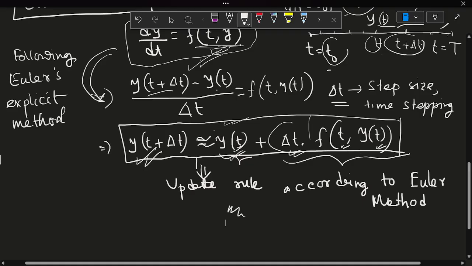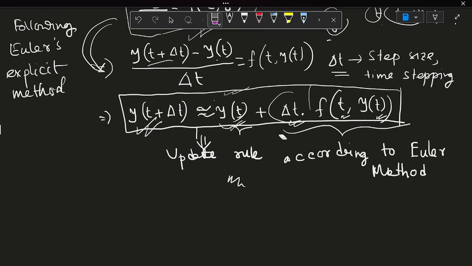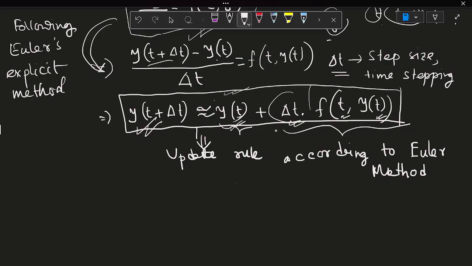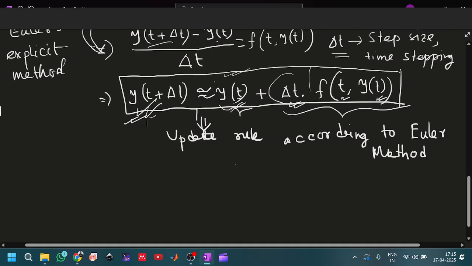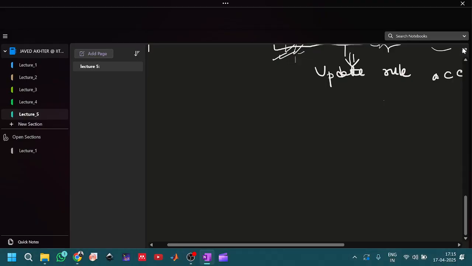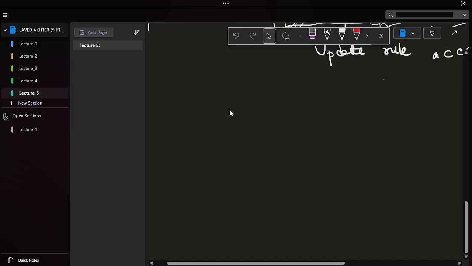If you follow this rule, you will get the corresponding y value. So now let me go to MATLAB. Let me write down a simple equation which we will try to solve. It's good to start with a simple one first.